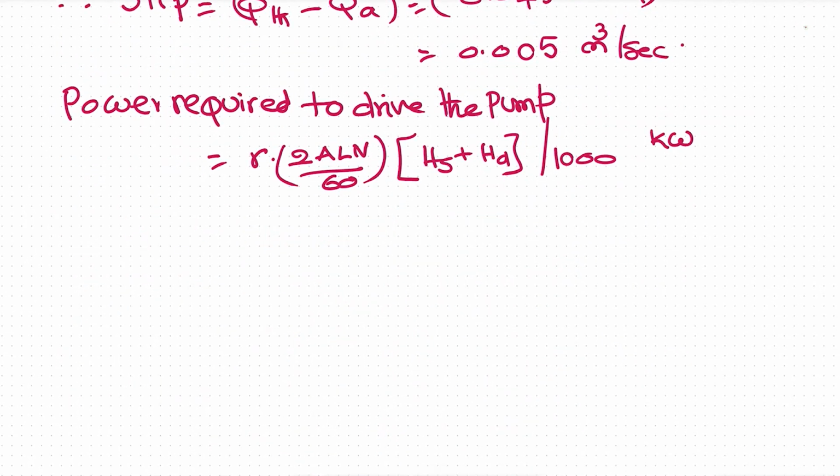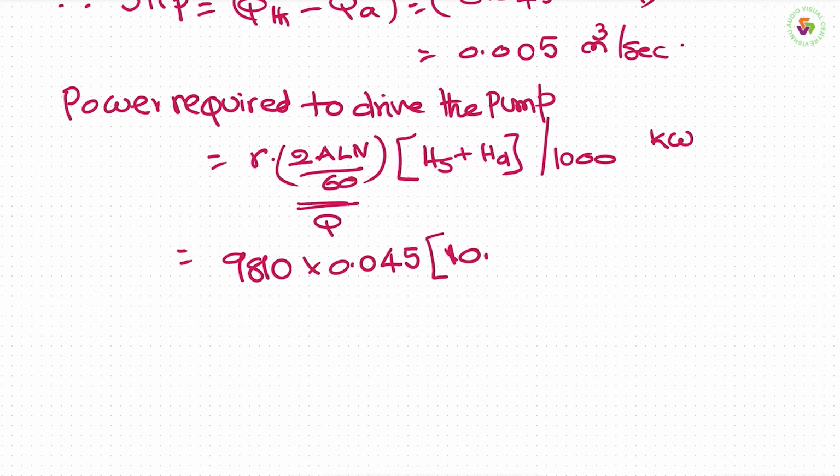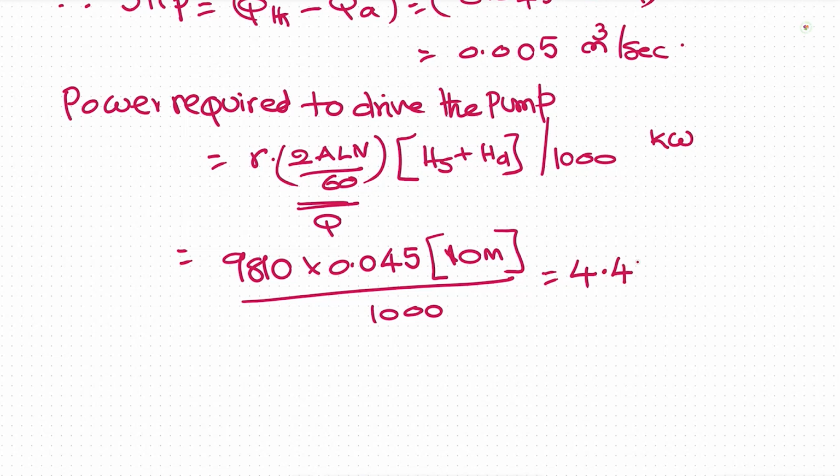So now let us take it. This is nothing but the discharge. So gamma is 9810, into Q is equal to 0.045, this is the theoretical discharge, into head is 10 meters, that is given, divided by 1000. If I do this, I am getting 4.415 kilowatts. This completes the second problem.